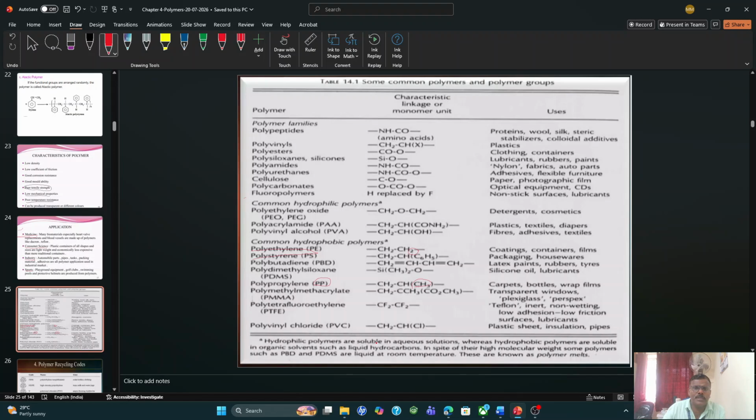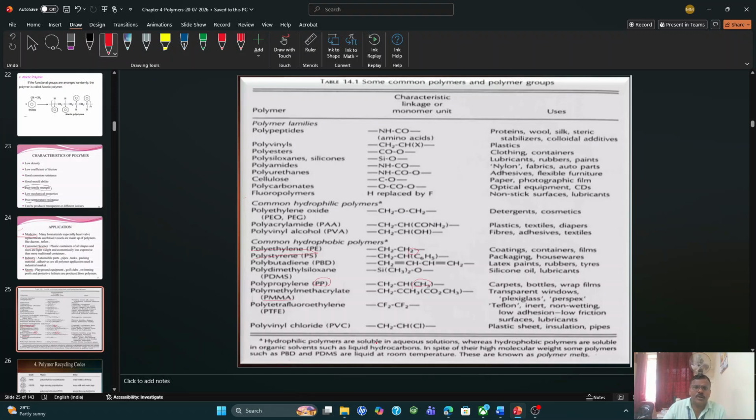And PMMA, that is polymethyl methacrylate. It is a polymer prepared from methyl methacrylate. The formula is (CH2C(CH3)COOCH3)n. It is used for transparent windows, plexiglass.